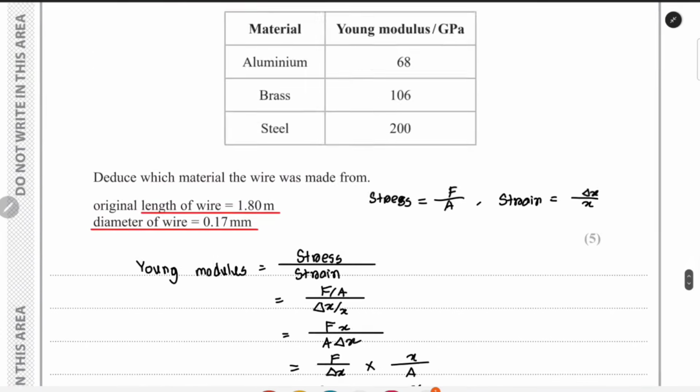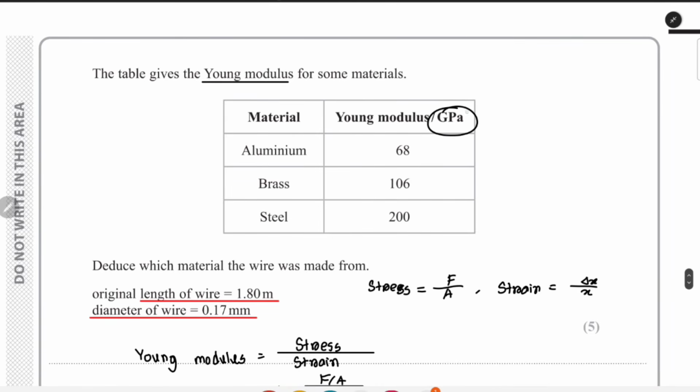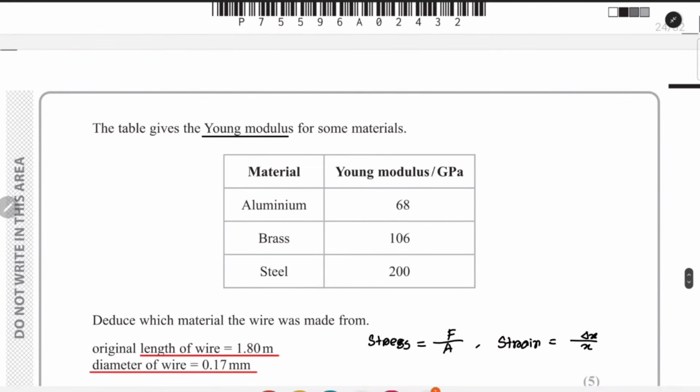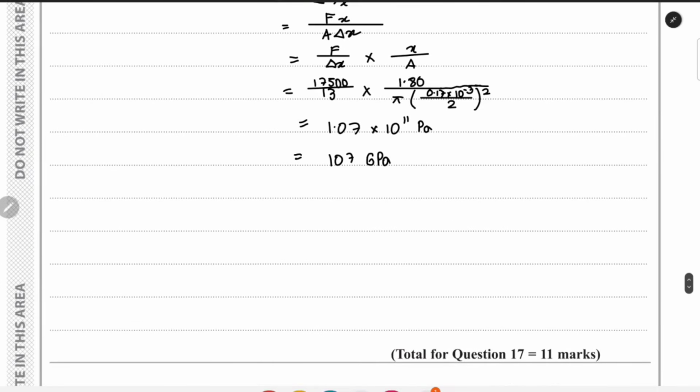If we convert it into gigapascals to match with this, we'll just multiply by 10 to the power minus 9. We'll get 107 gigapascals. This is closest to this value over here. So the material should be brass. 107 gigapascal is basically almost equal to 106 gigapascal. So the wire is made of brass.